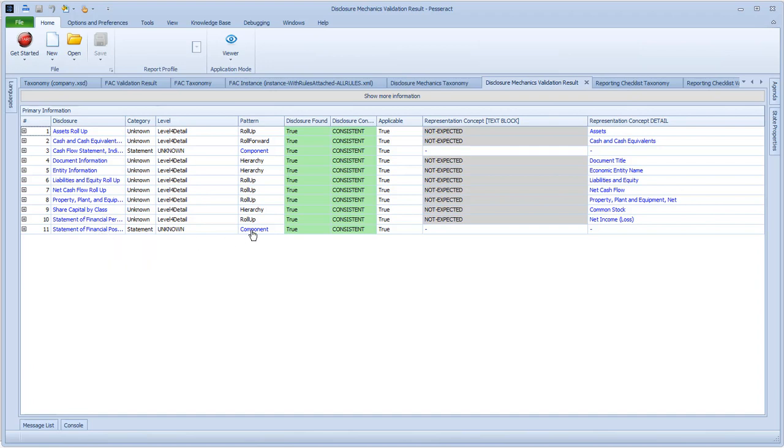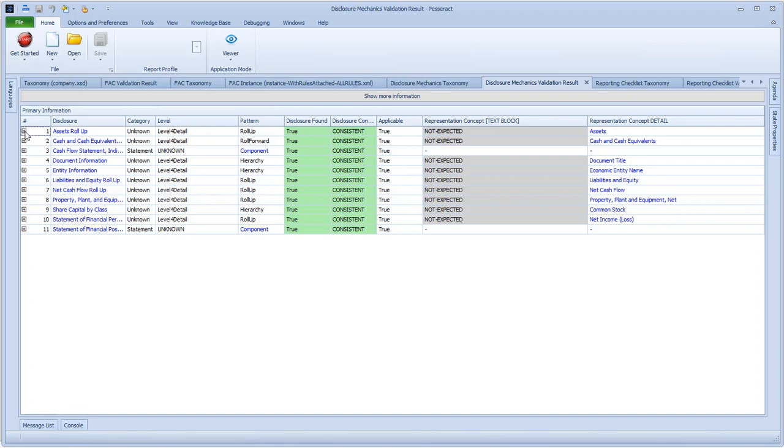It's made up of 2 other things, the assets roll-up and the liabilities and equity roll-up. This is made up of the net cash flow roll-up and the cash and cash equivalents roll forward. So I have coverage for all of these patterns.